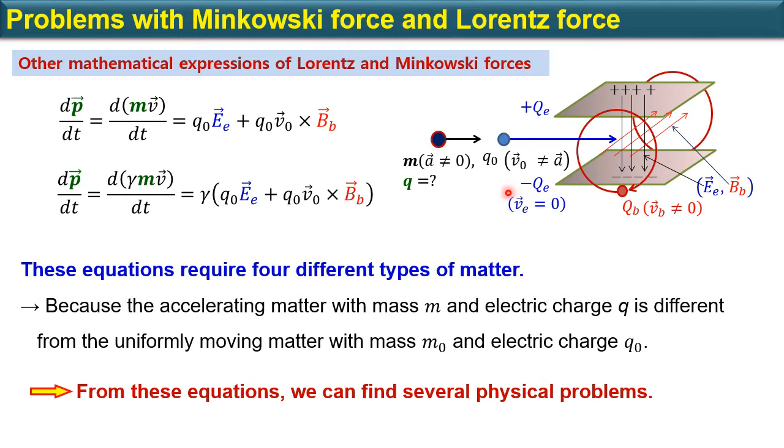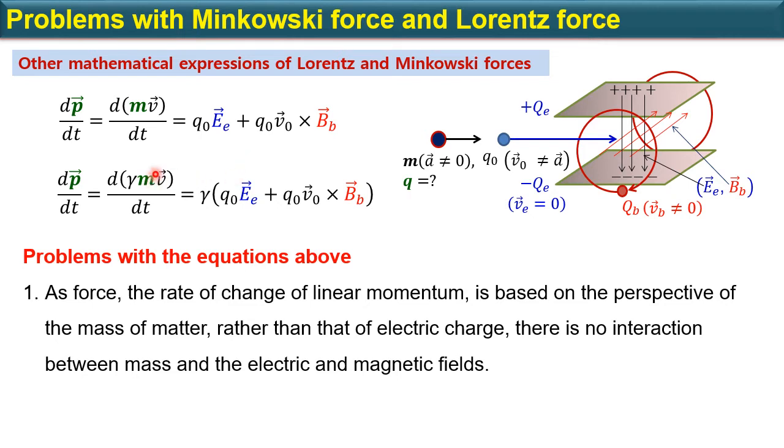From these equations, we can find several physical problems. First, the rate of change of linear momentum is based on the perspective of the mass of matter rather than that of an electric charge. But there is no physical interaction between mass and an electric field and magnetic field.